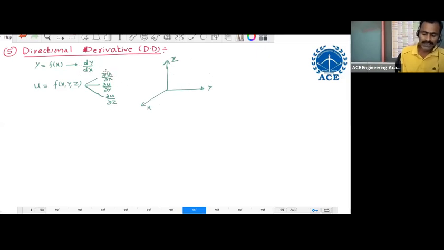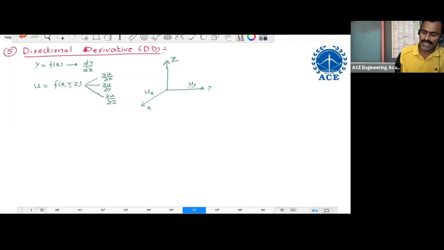To find the partial derivative dou u by dou x, we find the derivative of u with respect to x by treating the other two variables as constant. That is, we are finding the change in u in the direction of the x-axis only. So ux gives the rate of change of u along the x direction. Similarly, uy gives change in u along the y direction only.